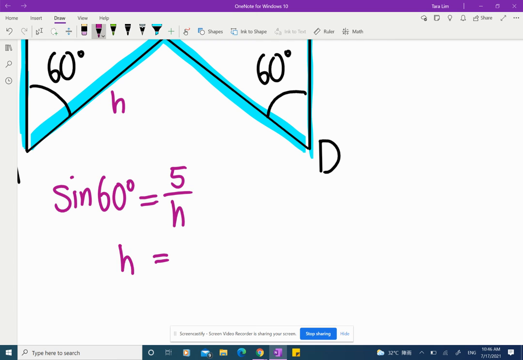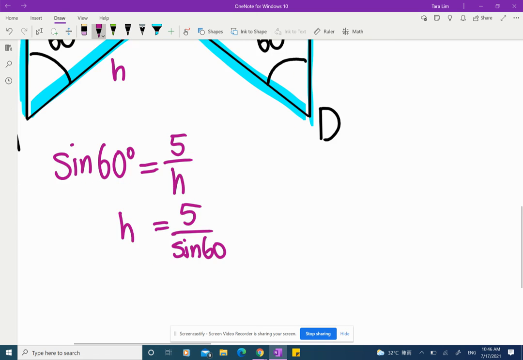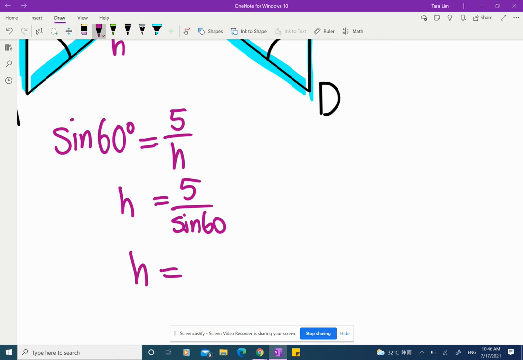So we move the h to the other side, and then 5 divided by sine 60 degrees, and we input it on the calculator. So I put 5 divided by sine 60 degrees, and that gives us 5.7735.